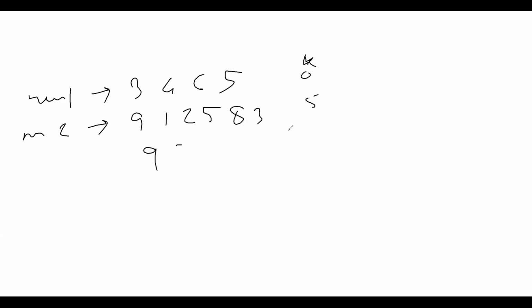So I have 9, 2, 5, 8, 3. In nums1 I'm saying k equals 0, so I don't include any of them. I just keep this value somewhere else for the time being, like a global variable.